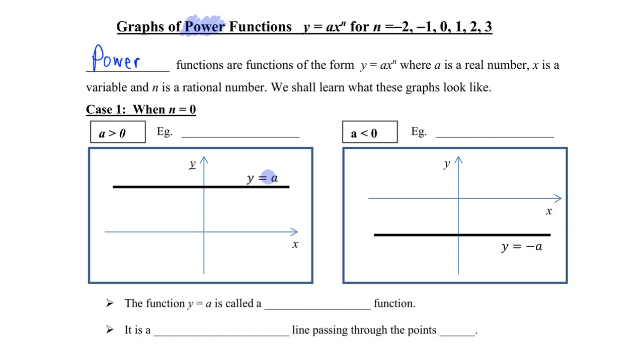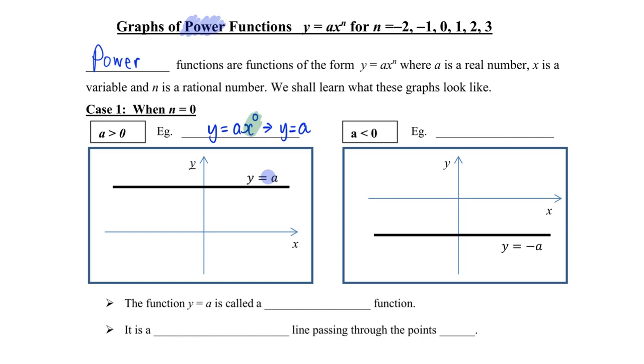So when n is equal to 0, for example, y equals a times x to the power of 0, this is basically represented by y equals a, because anything to the power of 0 is actually equal to 1.